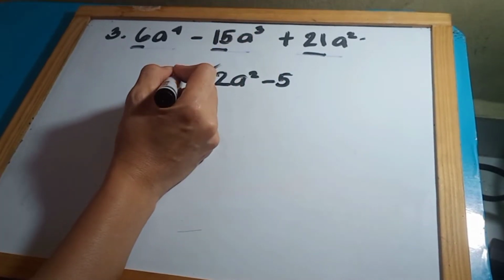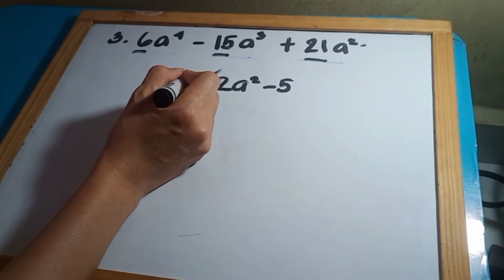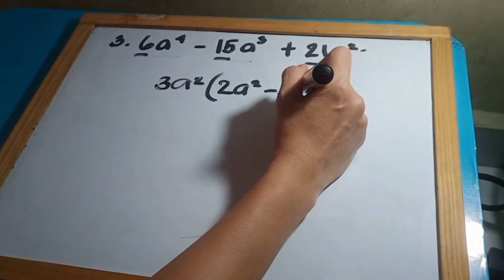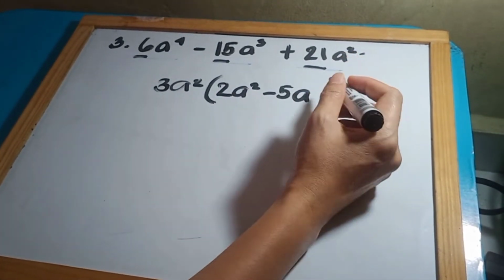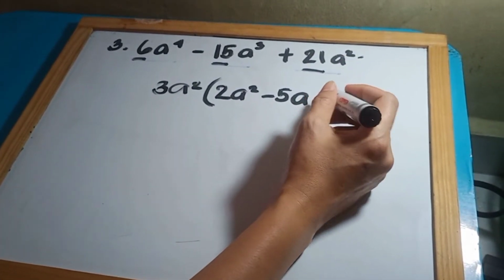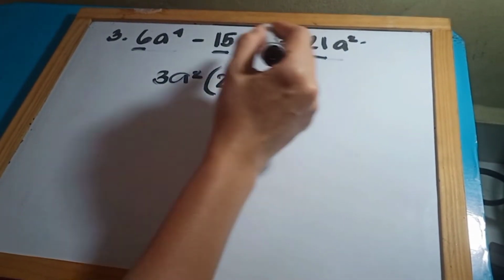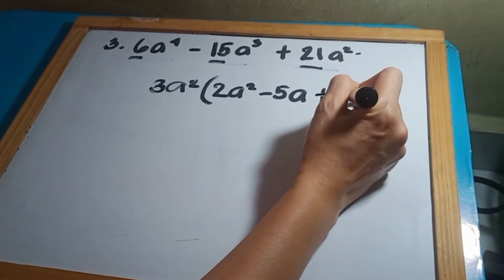A cubed divided by a squared. So 3 minus 2 yung exponent, that is a na lang. So a to the first, or simply write a. And then we have 21 divided by 3 is equals to 7.